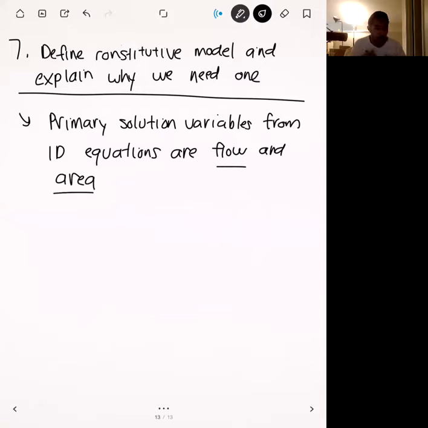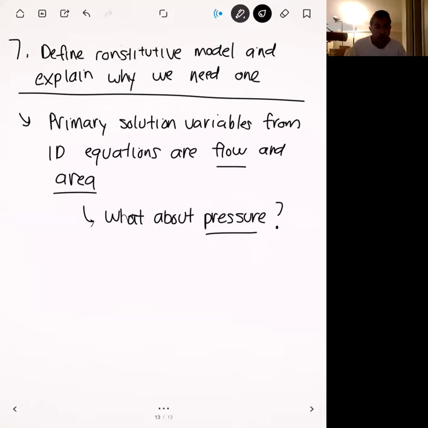But when we're talking about cardiovascular flow and flow in our blood vessels, another thing that we're really interested in is pressure. Because pressure is something that we really want to know too. That's one of our key variables here.